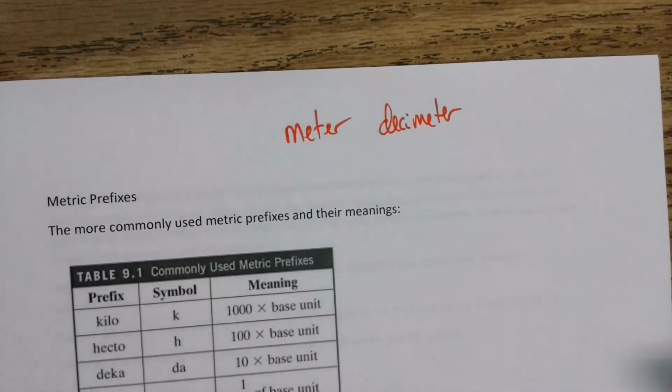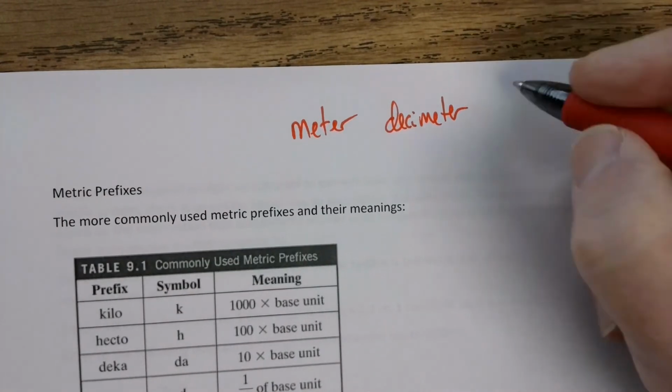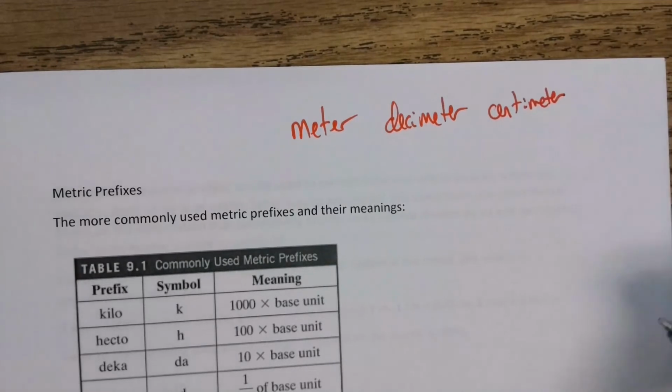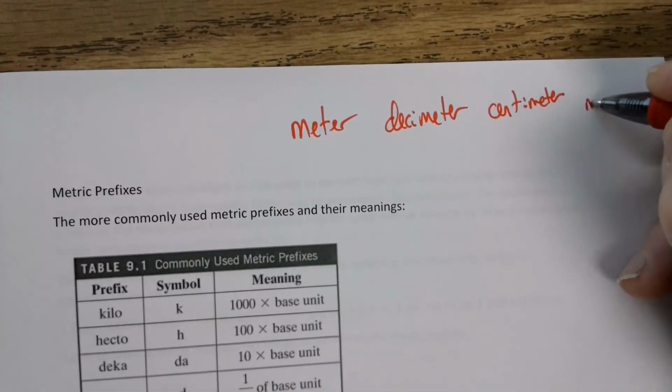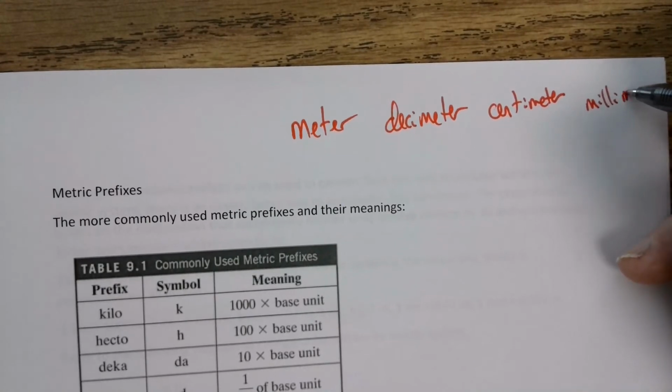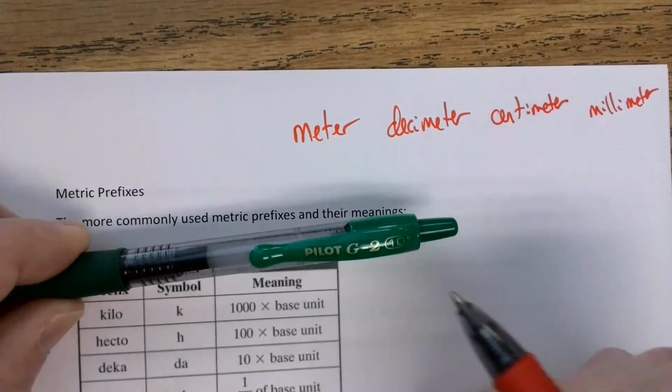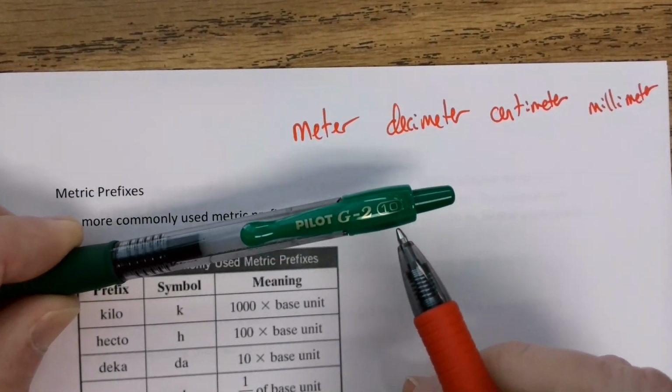And if I want something even smaller, I'm going to say centimeter. That's one that we're somewhat familiar with. And if I want even smaller, a millimeter. And we're somewhat familiar with that. Right there, my pen, 10 millimeter pen.